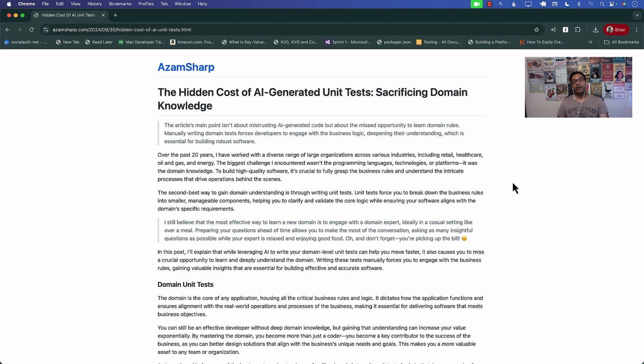Now, when I talk about domain knowledge, I actually mean understanding the business, understanding the domain that you're working in. And since I work with retail, healthcare, oil and gas, energy, they're all very different domains. They're businesses that run in a very different way.